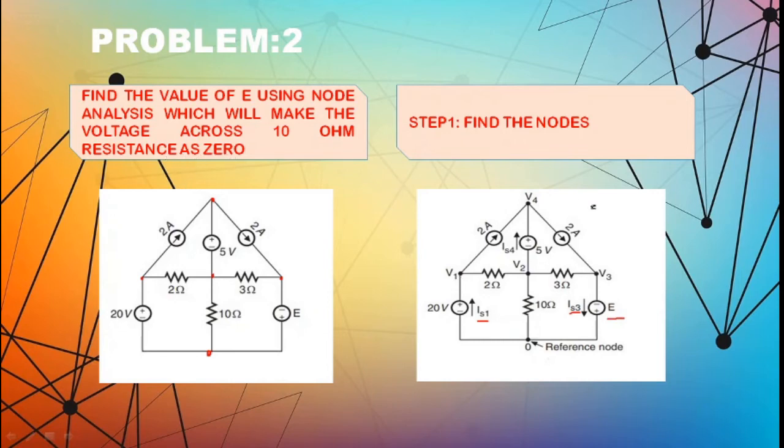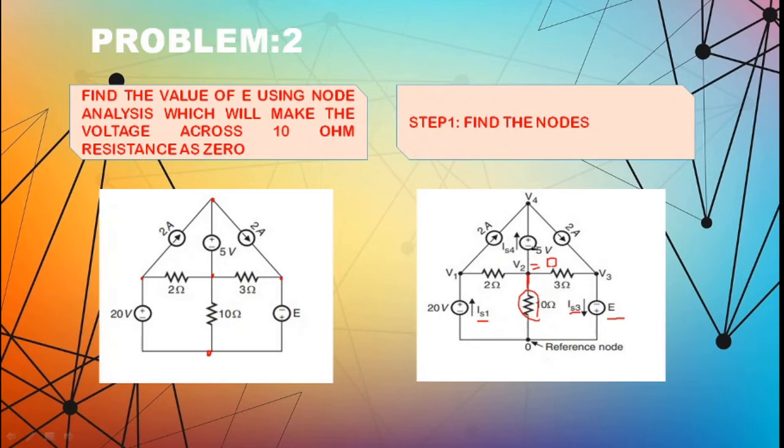So the voltage across the 10 ohm is V2. So V2 is equal to 0. This is what is said in the problem. So we have one value here actually, that V2 is 0, which is going to make our task easier.